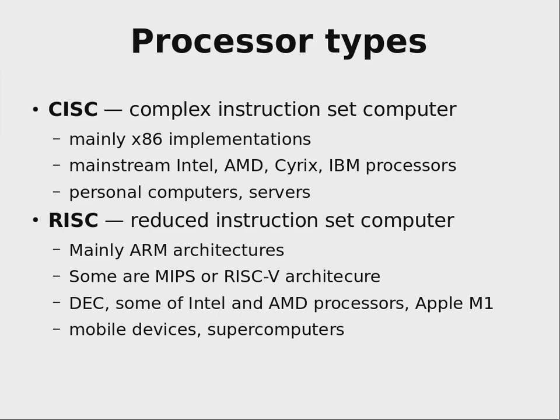And this standard is still used for these personal computers. And of course, the same standard is used and implemented not only by Intel itself, but other companies, mainly AMD, a little bit of Cyrix and IBM processors. So these are processors which make personal computers.